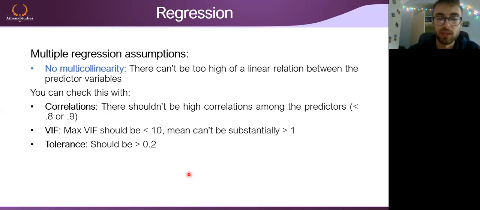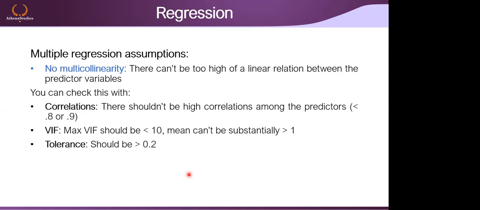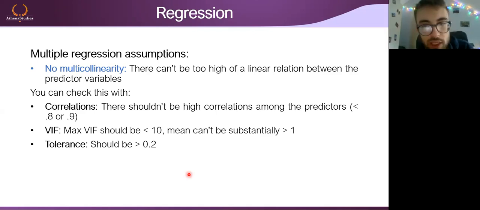And it says that the mean of the VIFs for each of the x variables shouldn't be bigger than 1. Oh, okay, I see. This is the vague part. So for individual variables, there's no vagueness at all. When you're talking about the whole set, which you're also looking at every time you look at the multicollinearity, then there's some vagueness, which is what's substantially bigger than 1.